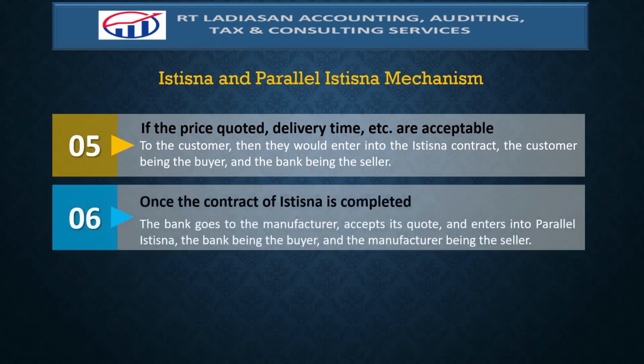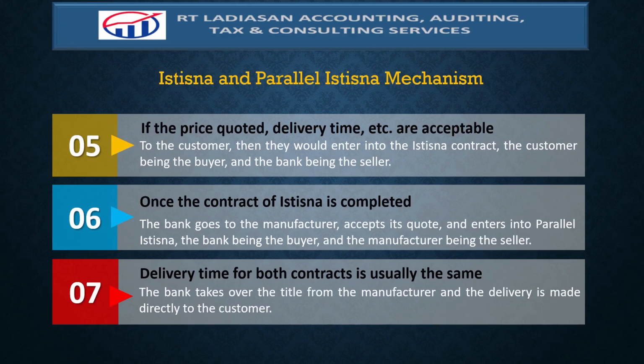The sixth step, once the contract of istisna is completed, the bank goes to the manufacturer, accepts its quote, and enters into parallel istisna, the bank being the buyer and the manufacturer being the seller.